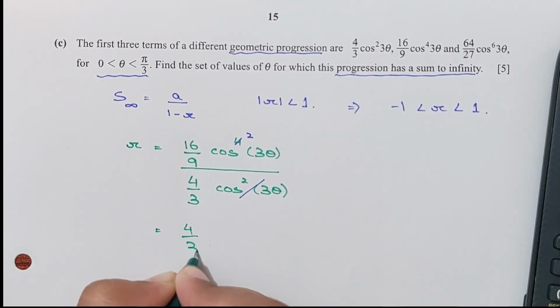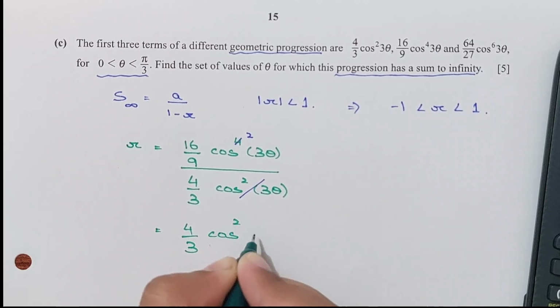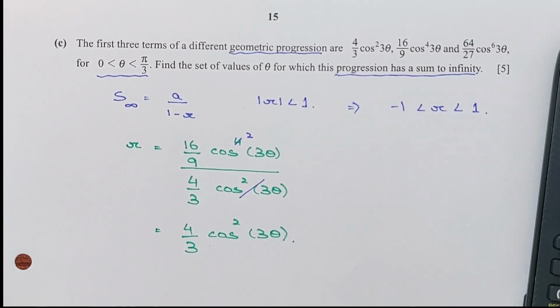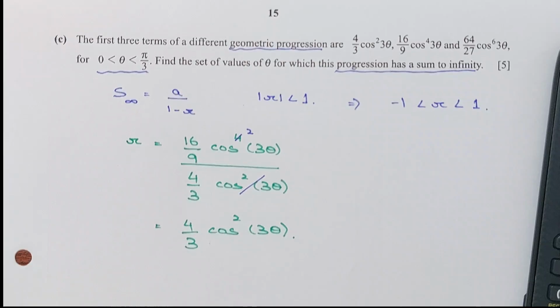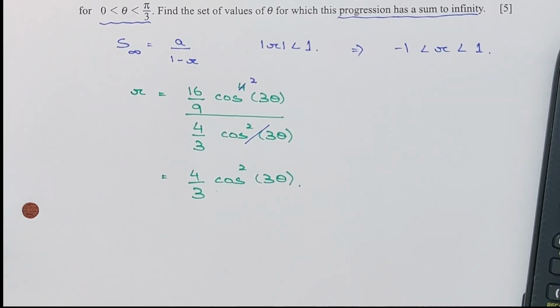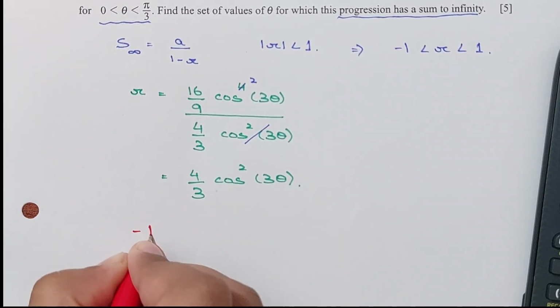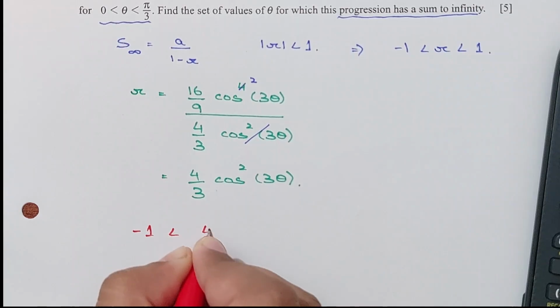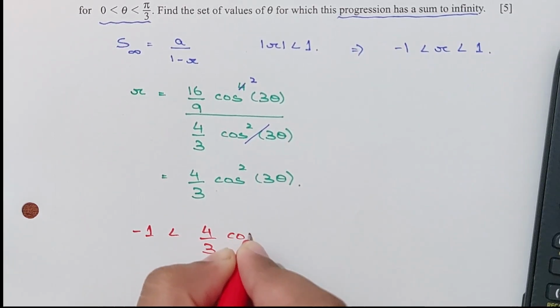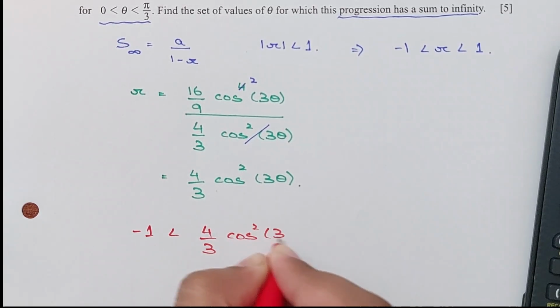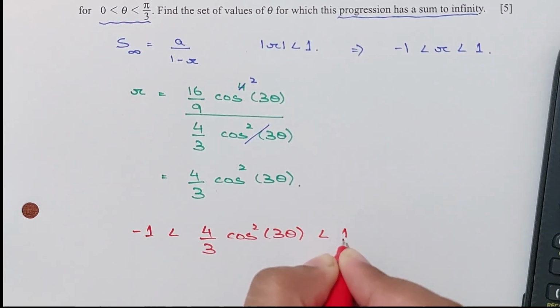So 4 by 3 cos^2 3 theta is the common ratio, right? Now let me put it into this inequality. Minus 1 is less than 4 by 3 cos^2 3 theta is less than 1, right?